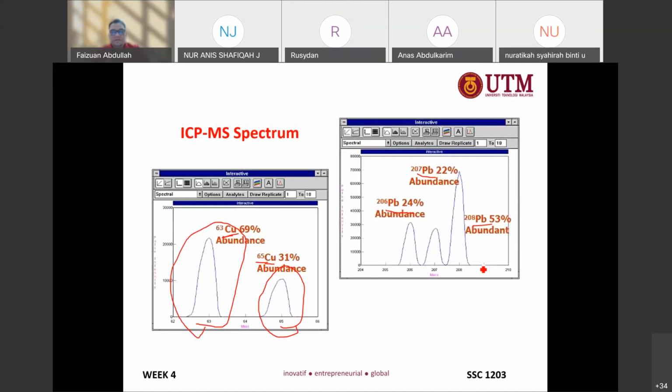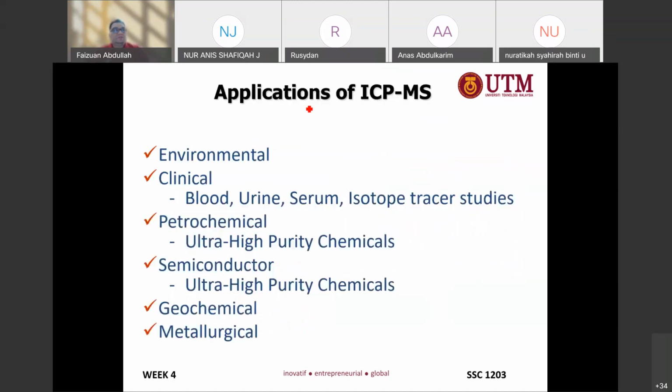We differentiate every isotope of the element. ICPMS, similar with ICPOES and other instruments, is used for environmental, clinical, blood, urine, serum, isotope tracer studies, petrochemicals, geochemical, metallurgical.